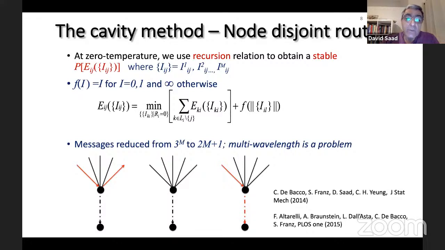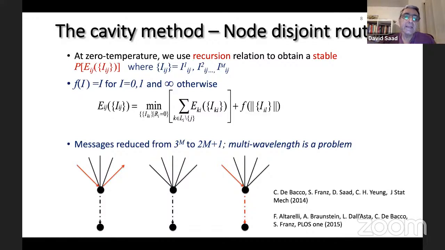So in general, we have to consider 3 to the power of m, because for each message we have 3 possibilities, and we have to consider all 3 to the power of m possibilities in our calculations, which is quite problematic. Luckily, when we are talking about the single wavelength, and if one of the messages is passing through the node, all of the others can't pass through the node.